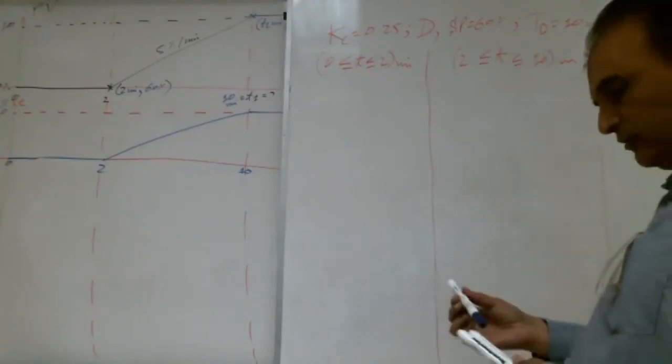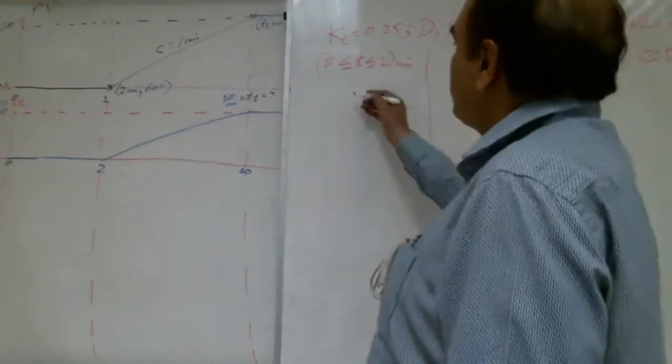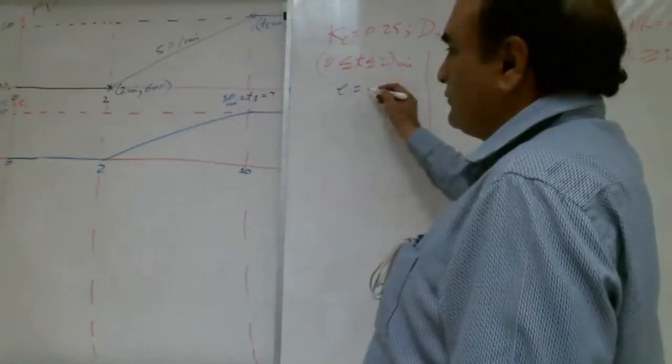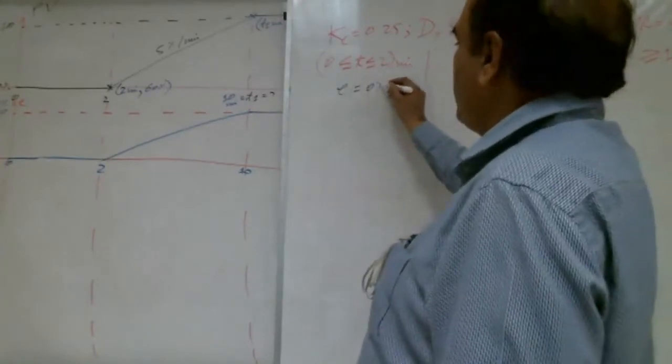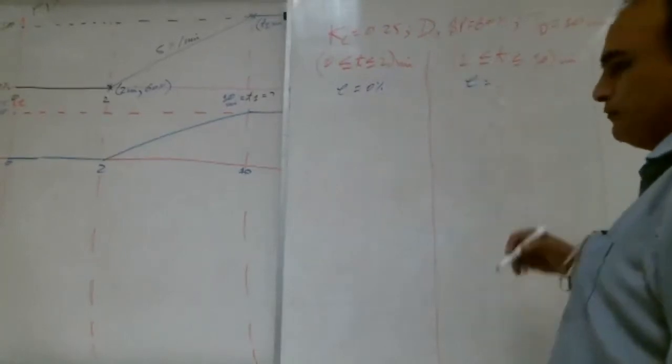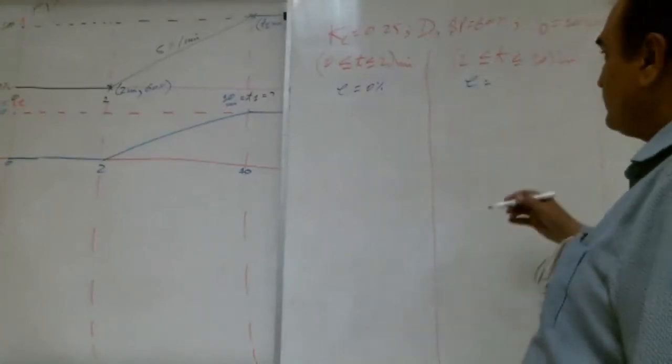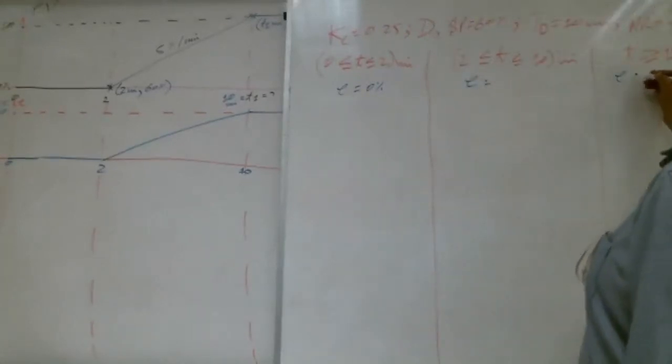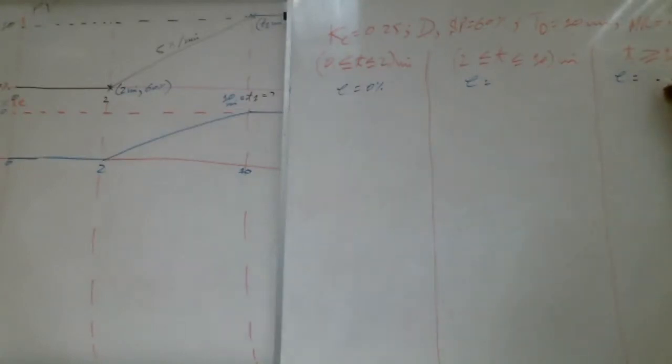Very good. What is the error here? 0%. What is the error here, Shabab? Equation of the line, 40. What is the error here? 40%. Very good.